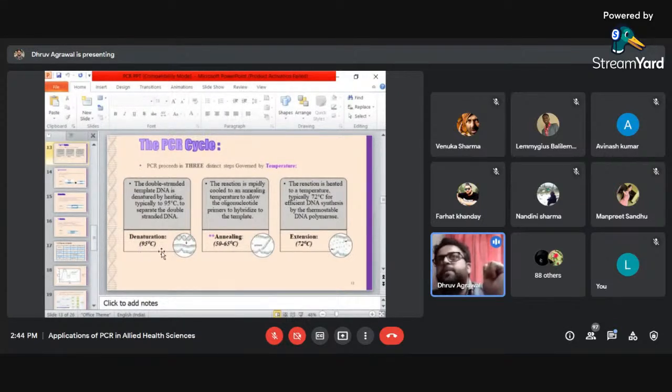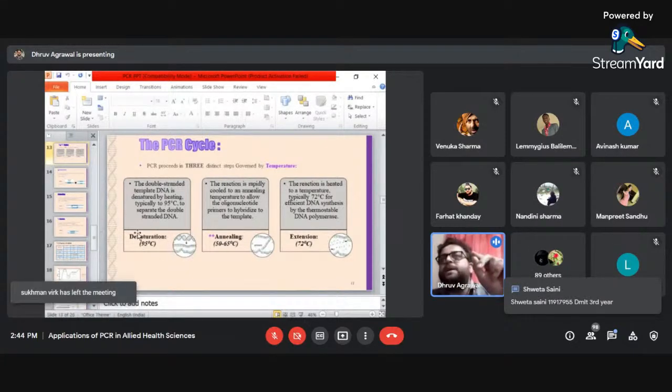The first step over here is the denaturation. Now just try to recall what I told you about DNA replication, and try to correlate it. So the first step is denaturation.